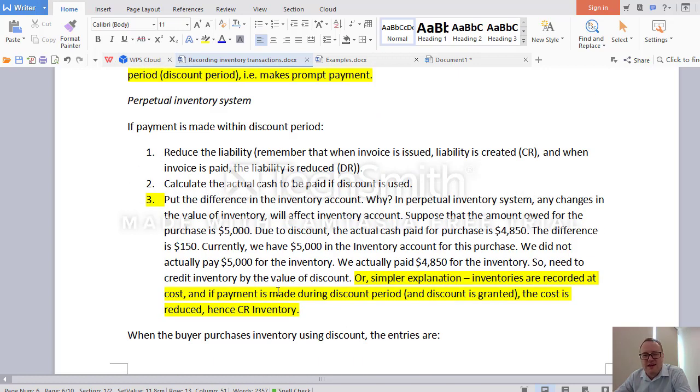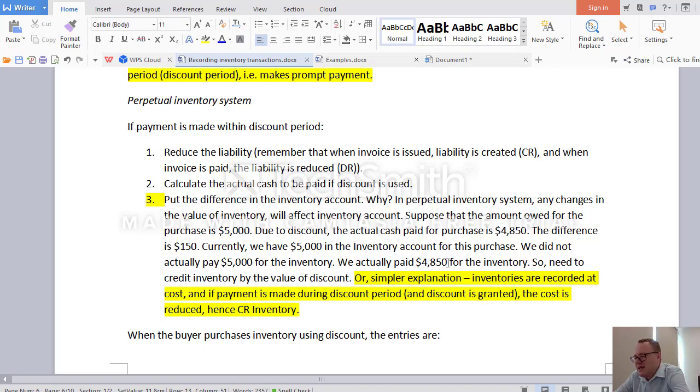For example, suppose the amount owed for the purchase is 5,000. Due to the discount, the actual cash paid for the purchase is 4,850. The difference is 150. So if you have 5,000 in the inventory account for this purchase, we did not actually pay this 5,000.